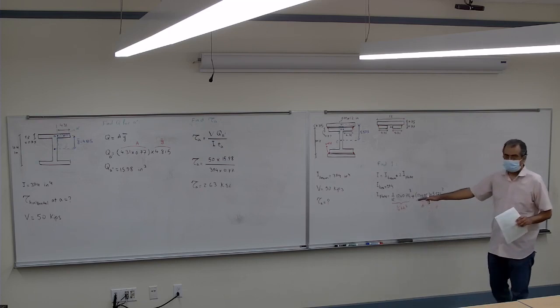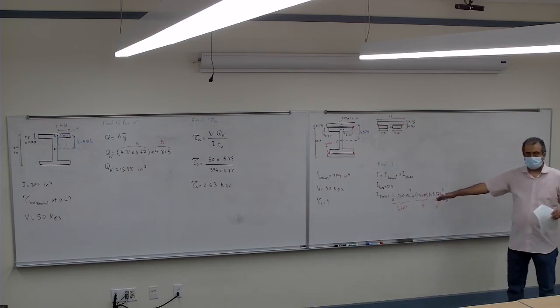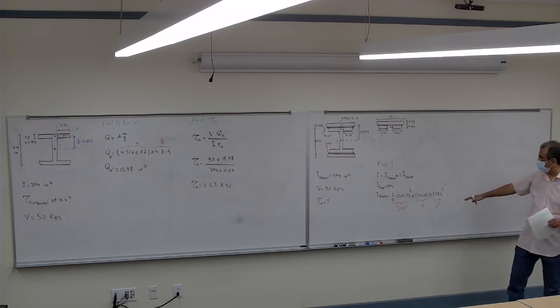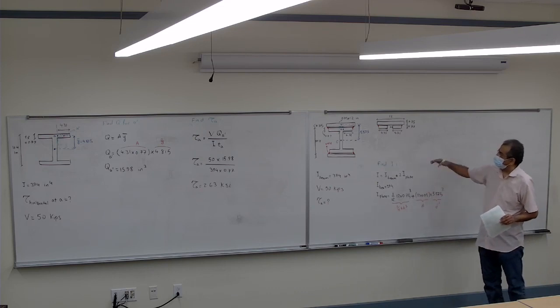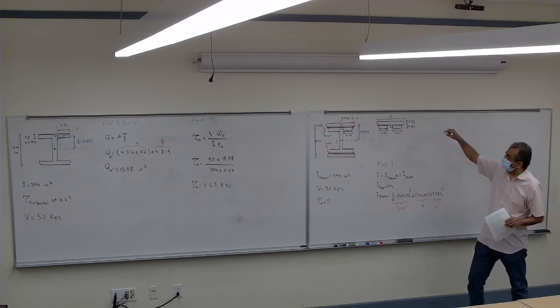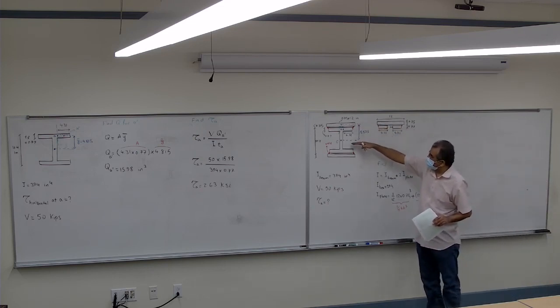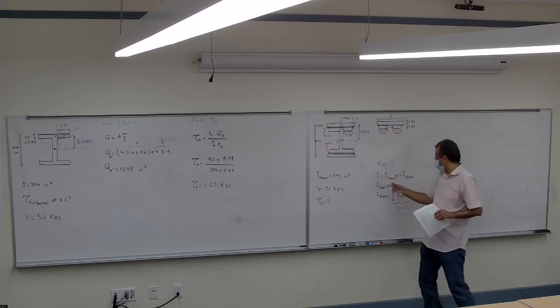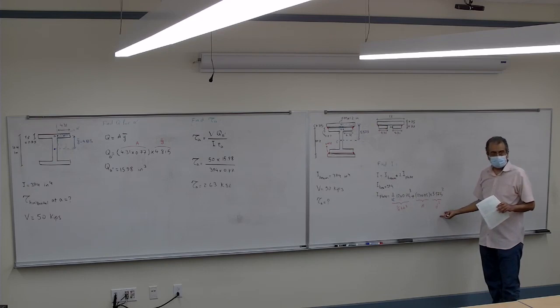Remember when we were calculating the moment of inertia for an area whose centroid is not on the centroid of the cross section, we have to add the A D squared at the end of that.